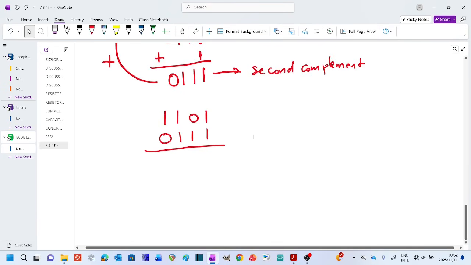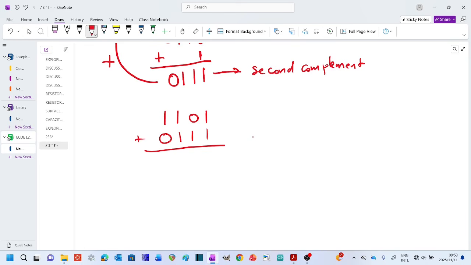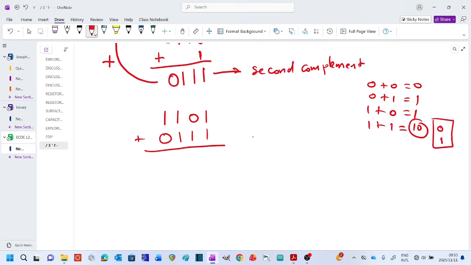We're still following our rules of addition. I can rewrite it here for us to see it. 0 plus 0 is 0. 0 plus 1 is 1. 1 plus 0 is 1. And then 1 plus 1 is 1, 0, but we must write 0 and carry 1 over. So we follow the rules step by step. 1 plus 1 is 0, and we carry 1 over.